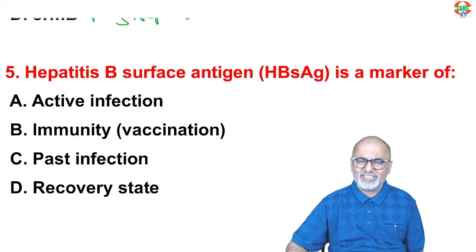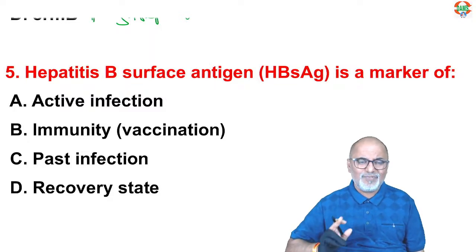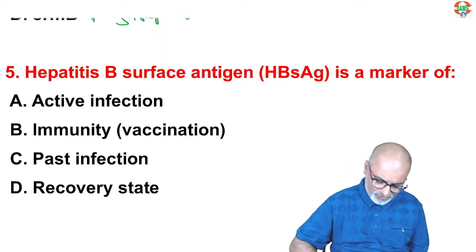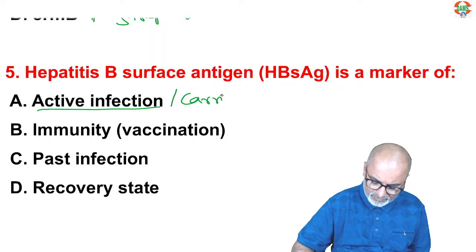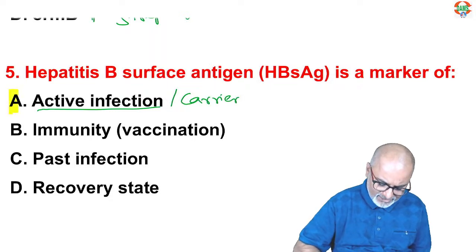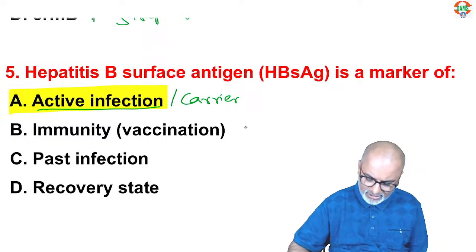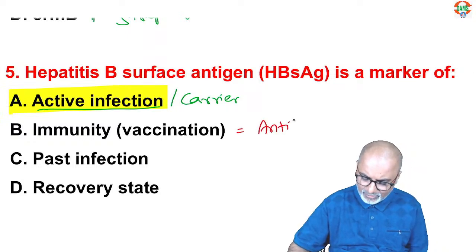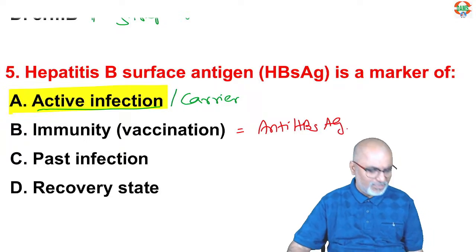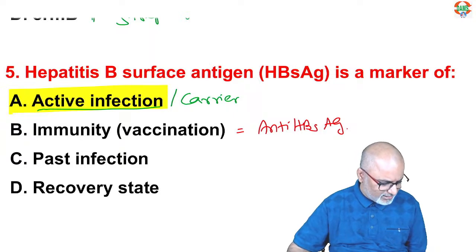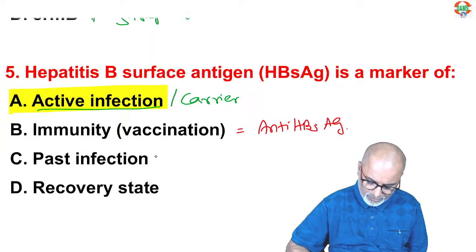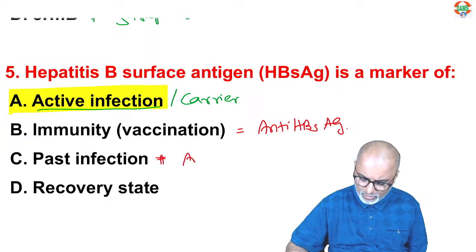Hepatitis B surface antigen is a marker for active infection as well as carrier state. Immunity is surface antibody. Post infection is core antibody, IgG.